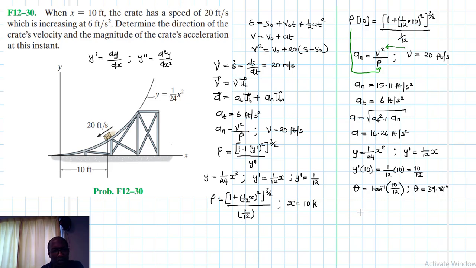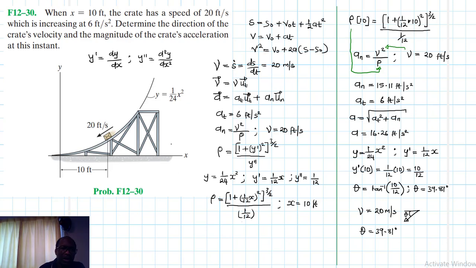So our velocity is equal to 20 feet per second, and we do have the slope, like so, of theta, and that theta is equal to 39.81 degrees.